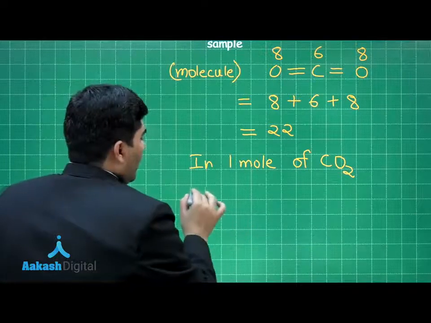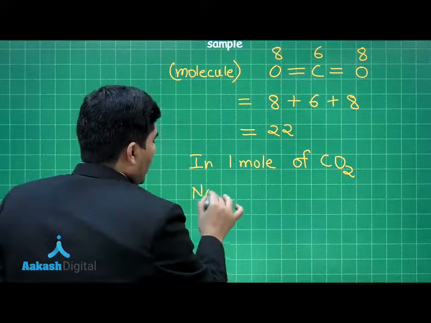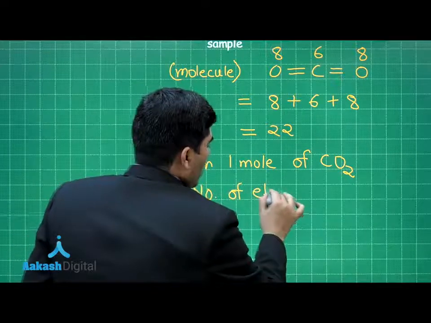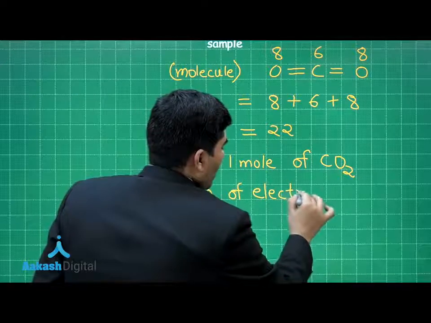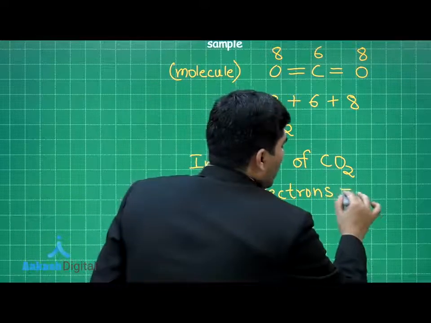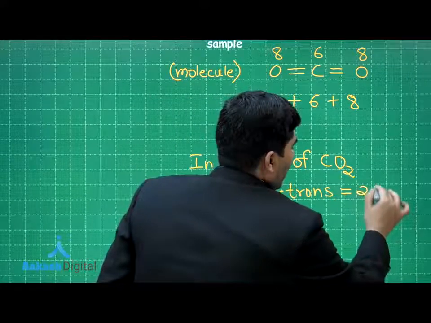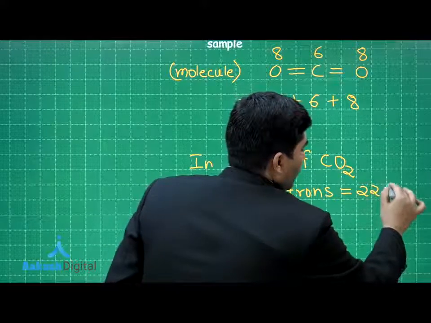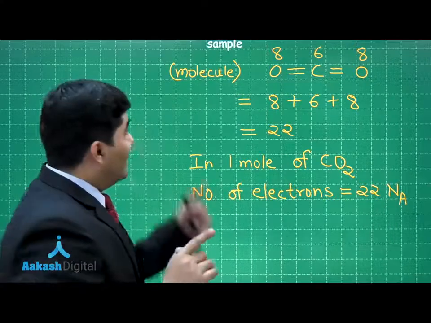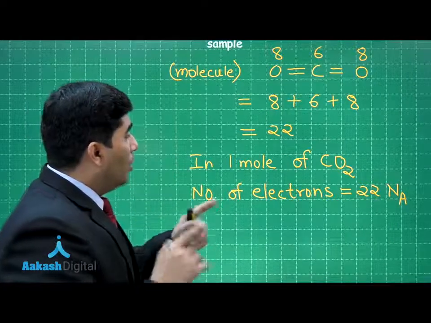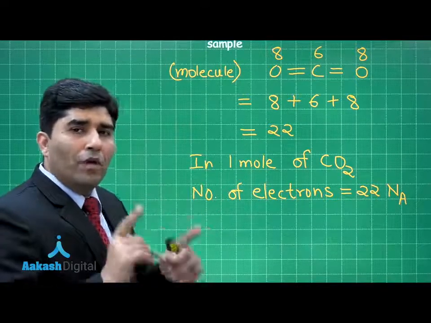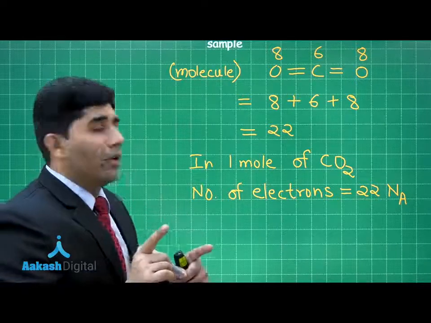So the number of electrons will be equal to 22 into the Avogadro number. But in this question, we have 22 gram of CO2. We don't have 44 gram. We don't have 1 mole. We have 0.5 mole.